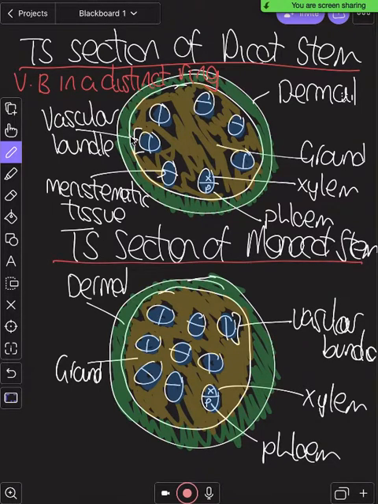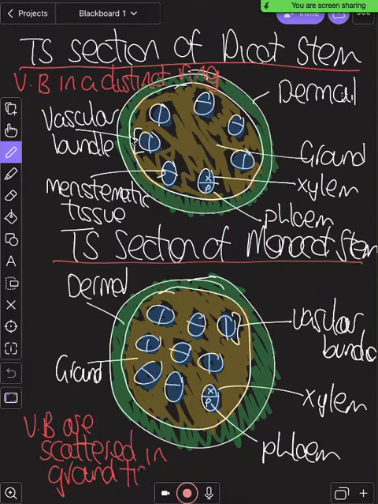Your vascular bundles are scattered in the ground tissue. And as I say, I use M for monocot and M for messy in my head, and that's how I remember it. And D for dicot, D for distinct.